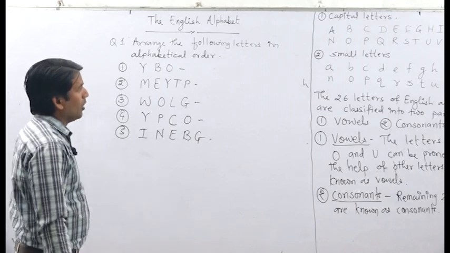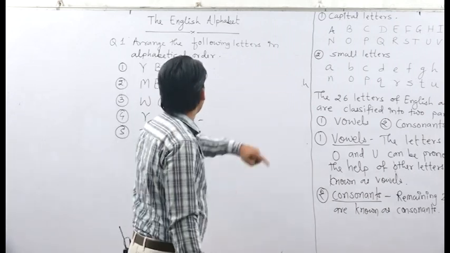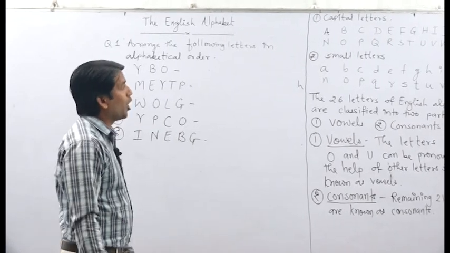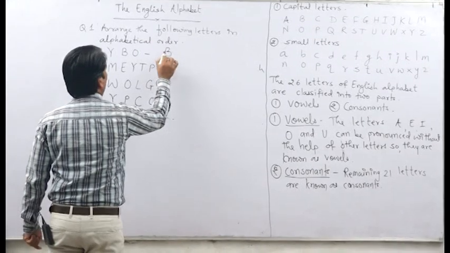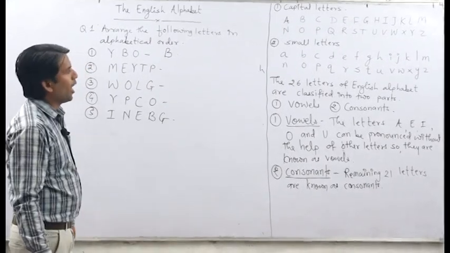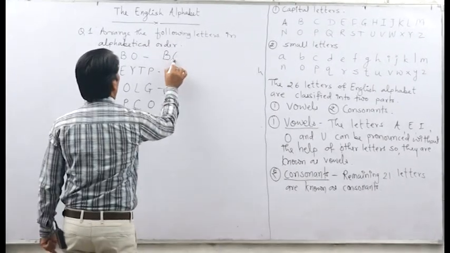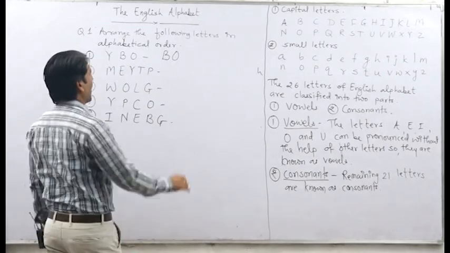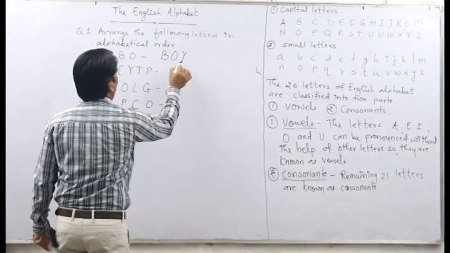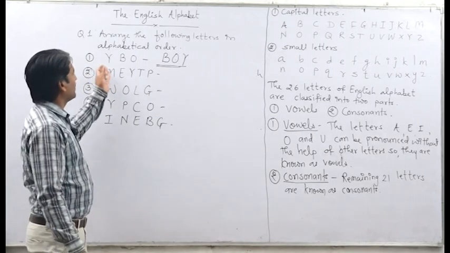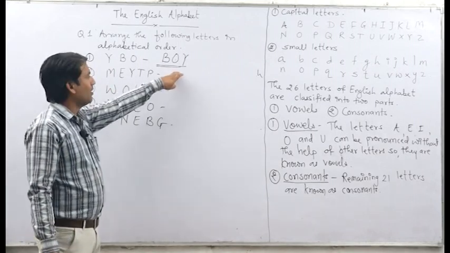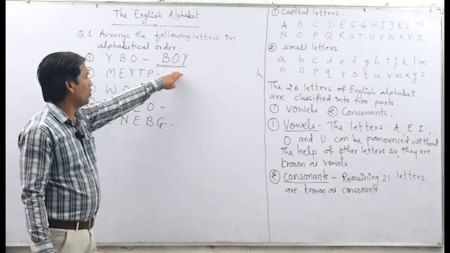Okay. So look at the given alphabet, which letter comes first. First of all, we have to write what? B. After that, O, and after that, Y. Now, these letters I have arranged here in alphabetical order. Okay.